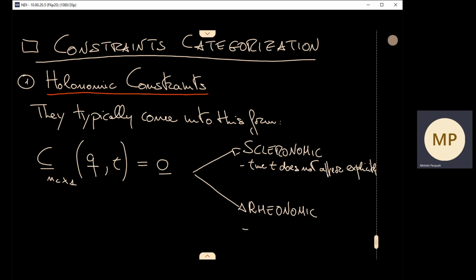In the rheonomic ones, instead, time appears explicitly. What does it mean, explicitly or implicitly? It means that in these equations, if we have a scleronomic system of constraints, time, of course, plays a role, but just indirectly through the q's, which are a function of time, of course.